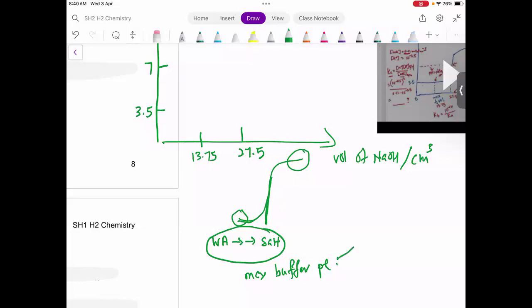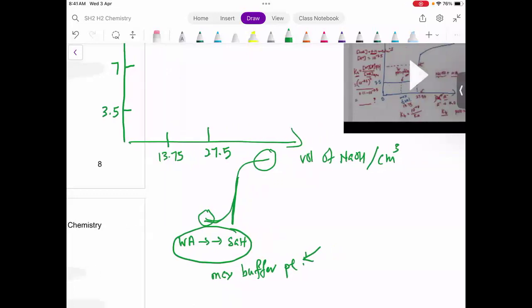Does this max buffer point have a special pH value? Syed, what do you think? No special, so I cannot calculate the pH? We can calculate. So how do we calculate the pH of a buffer system?